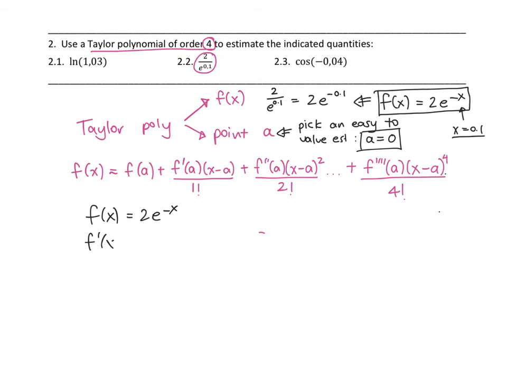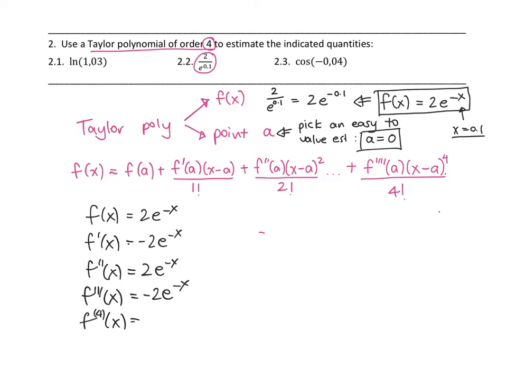We need the first derivative. It's going to give us minus 2e to the minus x. Second derivative, 2e to the minus x again. Third derivative is going to be negative 2e to the minus x. And finally, our fourth derivative gives us 2e to the minus x.